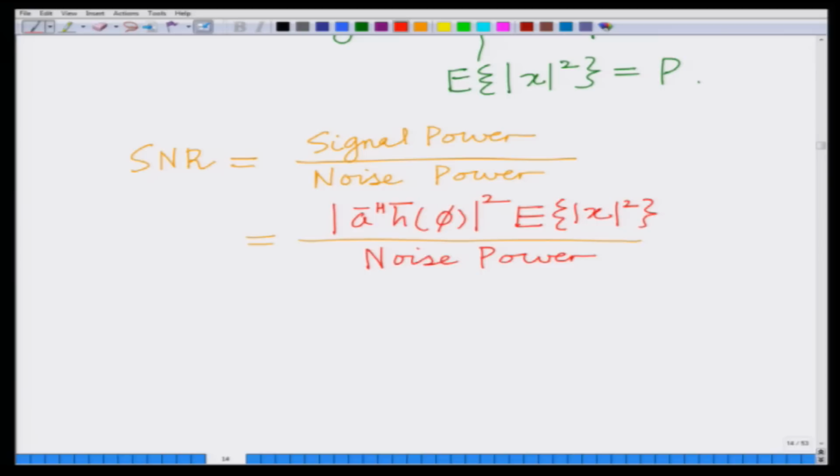This is the signal power, magnitude of A bar Hermitian H bar phi magnitude square times expected magnitude x square, which is P, divided by the noise power.